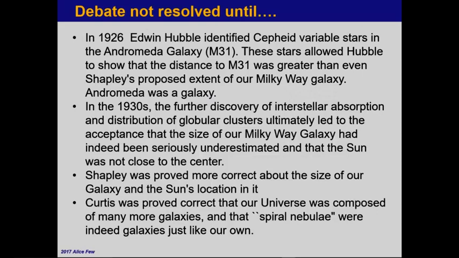So the debate went on and it was not completely resolved. If you were to base the actual argument on your high school debate team kind of criteria, Curtis probably was the one that won the debate, but they didn't have any reliable measurements. Shapley was using RR Lyrae variables to try and make those measurements, which is why things didn't work out.